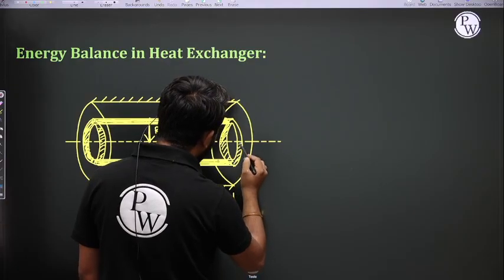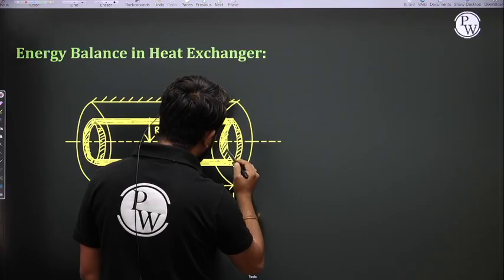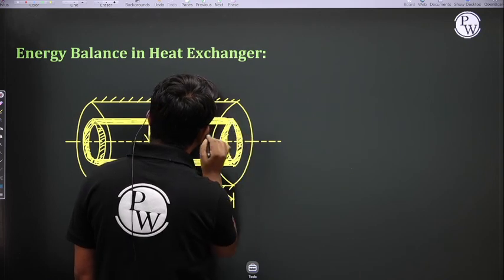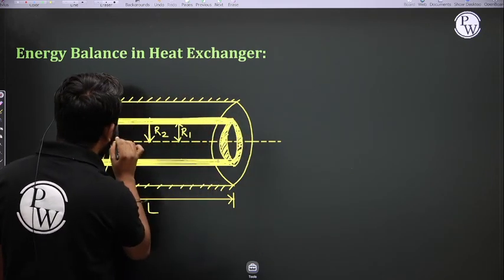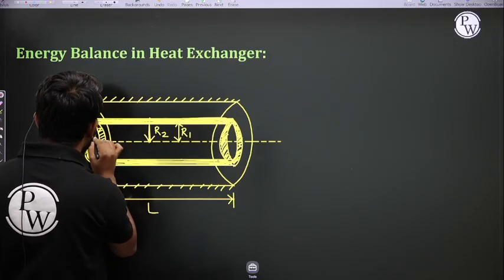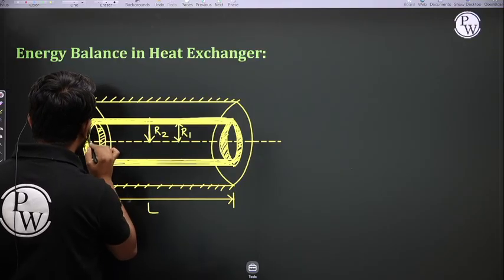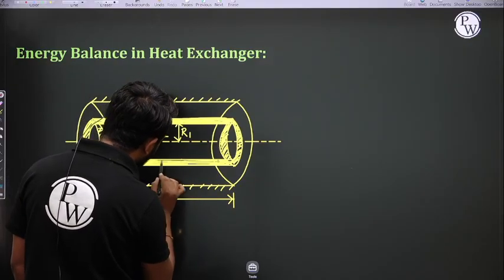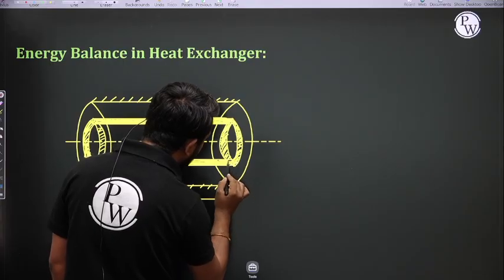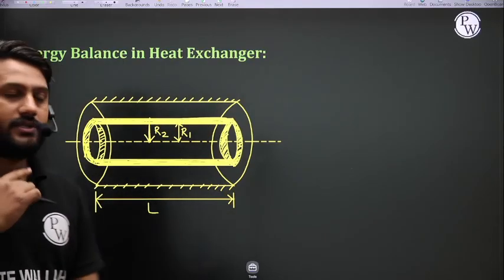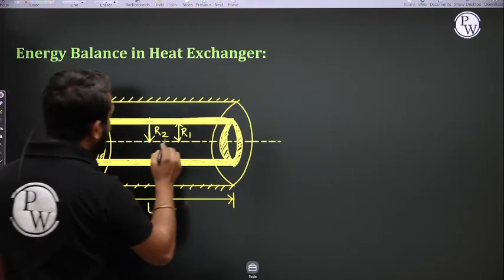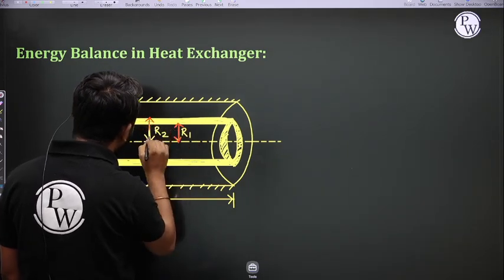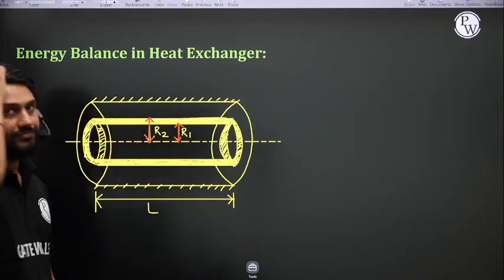Okay, I hope you can understand this. Now this radius is R1 and this radius is R2. Is it fine?